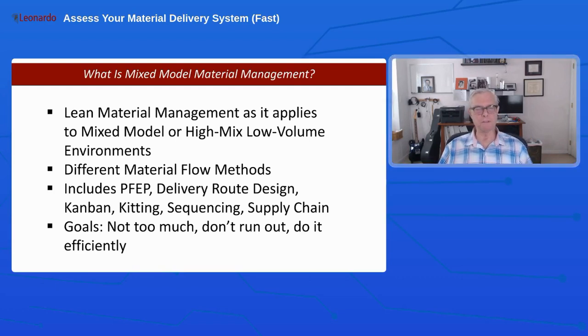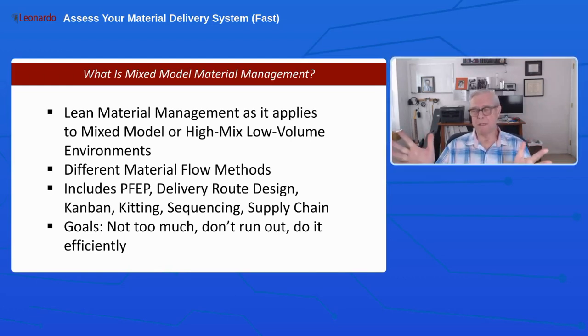All right, so what is mixed model material management? Mixed model means different models, right? But using the same resources or going down the same assembly line, if you want to think of it that way. For example, a simple example would be an automotive assembly line that's producing different models of cars on the same line, either in small groups, or everyone's different.